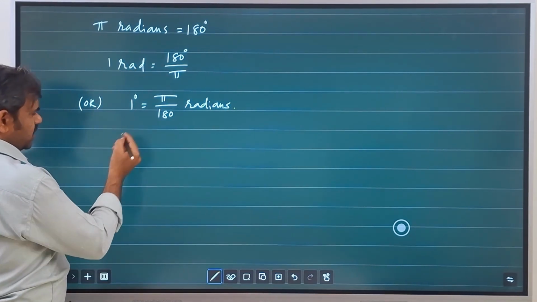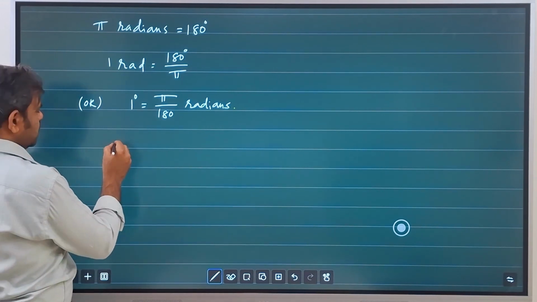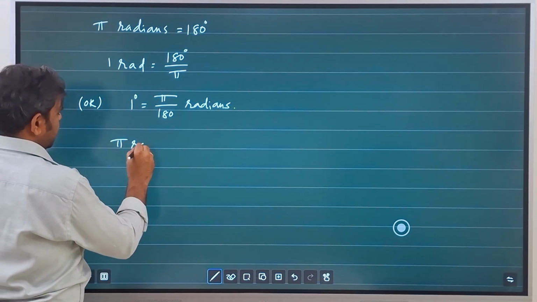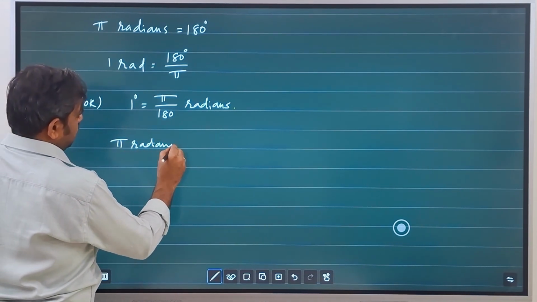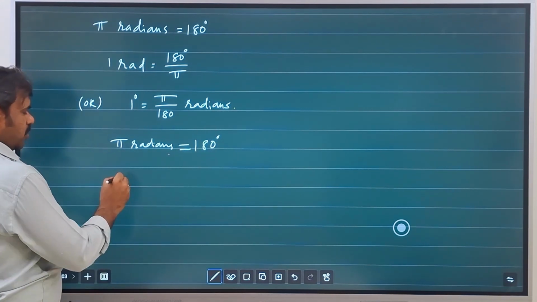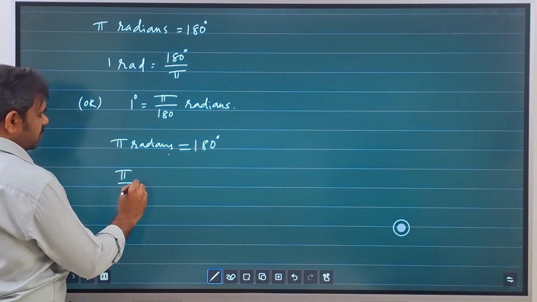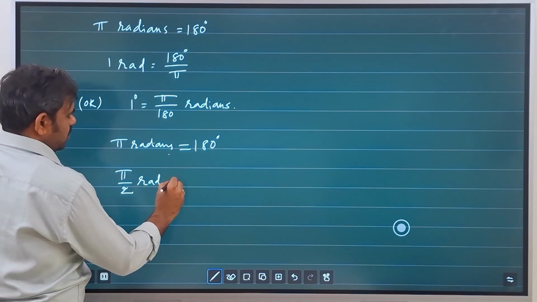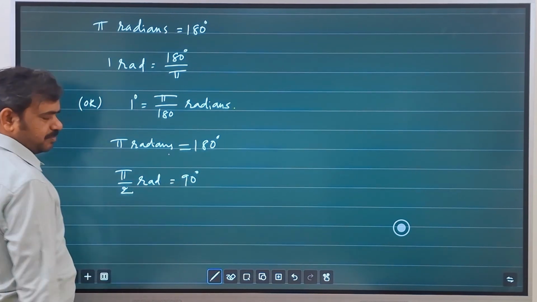Let's write a few angles. Since pi radians is equal to 180 degrees, pi by 2 radians is equal to 90 degrees.